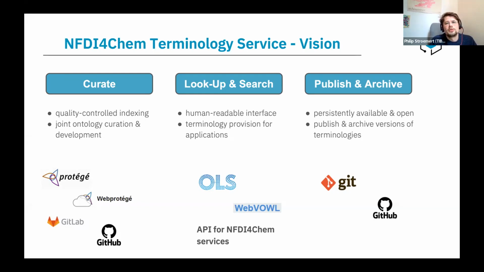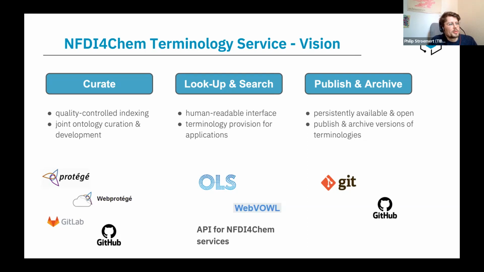Or we also want to provide a platform that enables chemists to work together and curate terminologies, but also create new terminologies using tools like Web Protege, and under the hood also, of course, Git-based archiving systems like GitLab and GitHub.